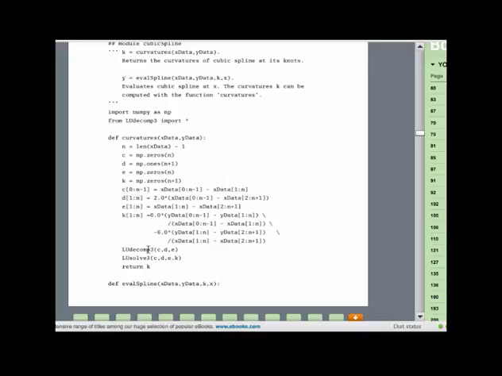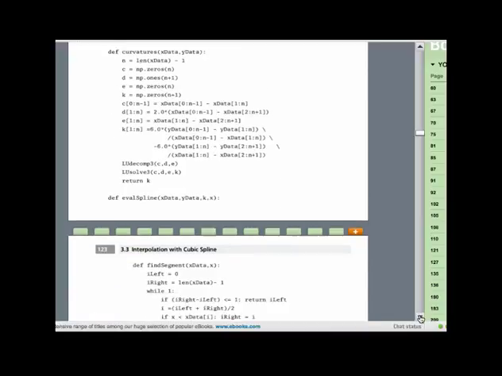So it has to decompose it, get the LU factor, and then use the LU factor to solve it. For our purposes, all you need to realize is that this will get those curvatures that you wanted. It's basically solving the linear system that we constructed in the notes. And then you actually evaluate the spline using this other function called eval spline.